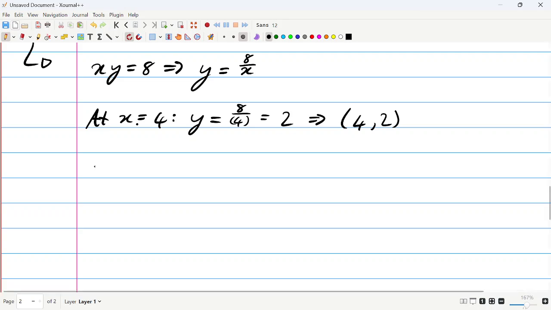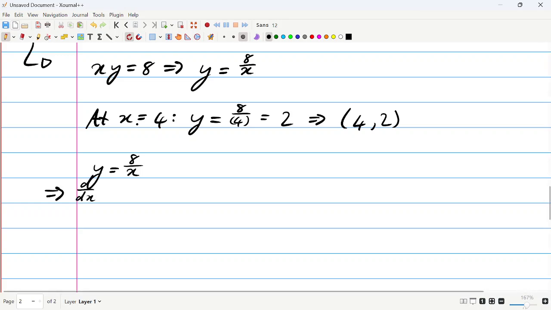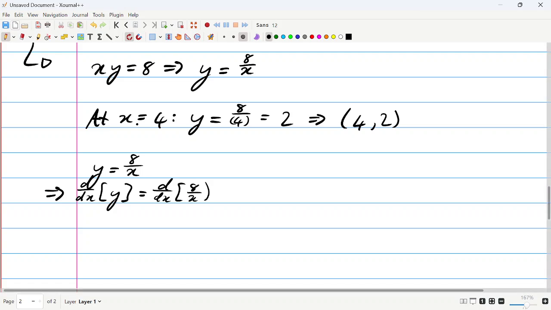So if we look at y equals 8 over x, if we take the derivative on both sides, d by dx of y equals d by dx of 8 over x.